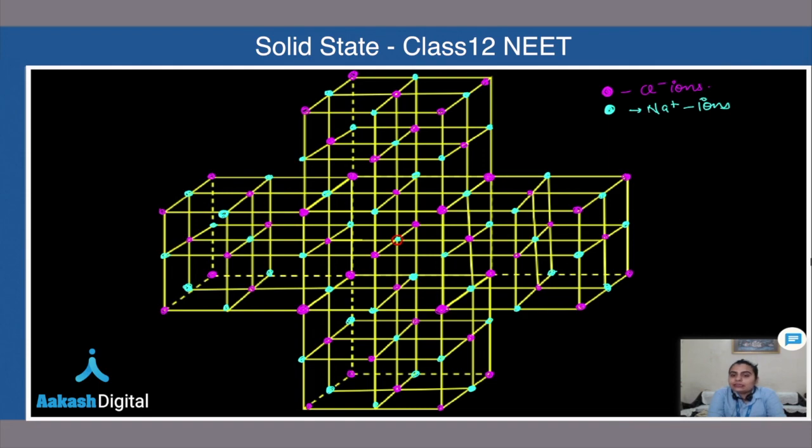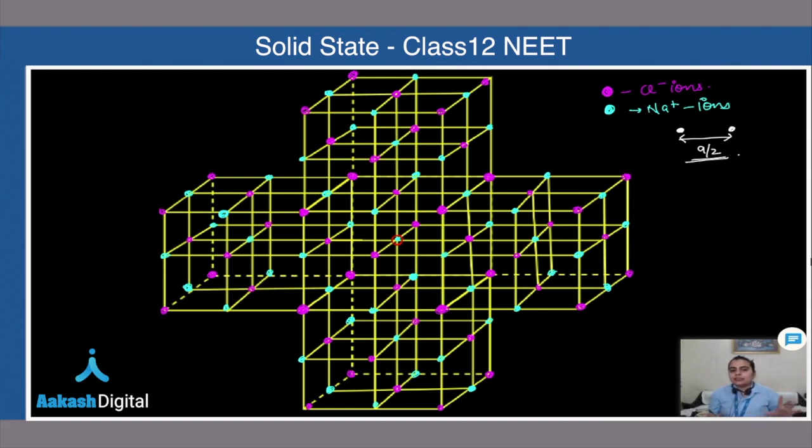Face centers ones. Okay. Now see, if I am considering my face center one, the difference between the Cl negative and the body center would be a by 2. Yes or no? Am I right or wrong?